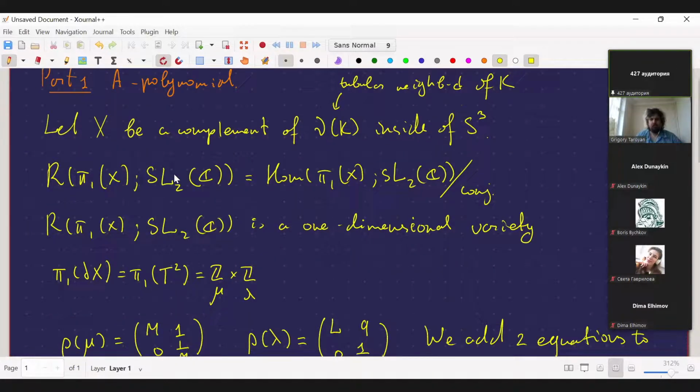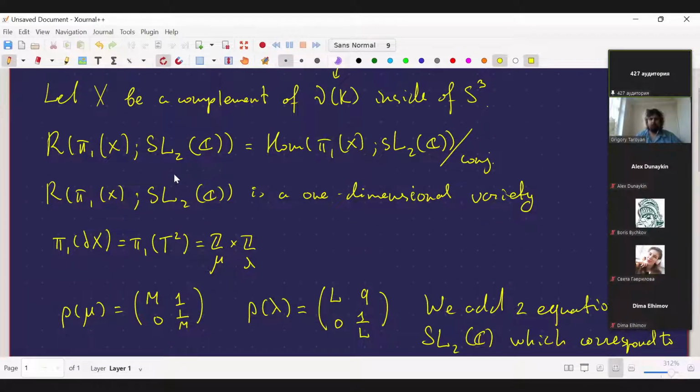У этого многообразия есть фундаментальная группа P1 от X, и мы можем рассматривать представление этой фундаментальной группы в группе матриц 2 на 2 с определителем единица. Это означает, что каждой петле в нашем многообразии мы сопоставляем некоторую 2 на 2 матрицу.